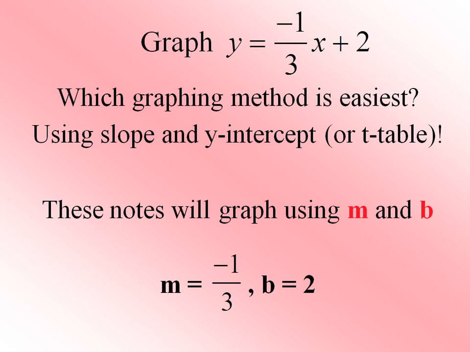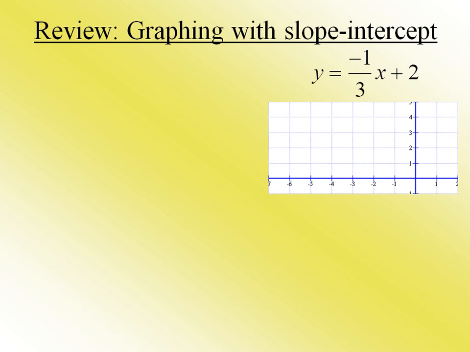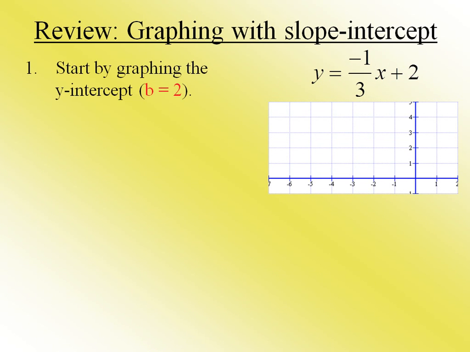M is your slope. So the first thing you would do is graph the y-intercept. The y-intercept is b, which is 2. So it says start here, so notice that (0, 2) is already plotted.